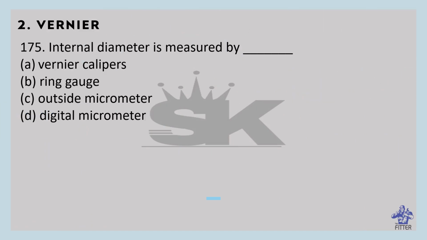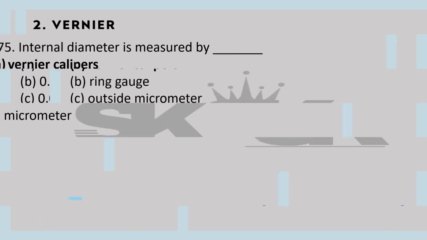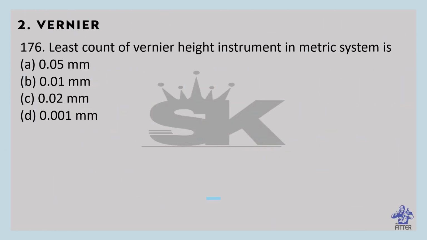Internal diameter is measured by vernier caliper. Least count of vernier height instrument in metric system? So that is option C, 0.02.